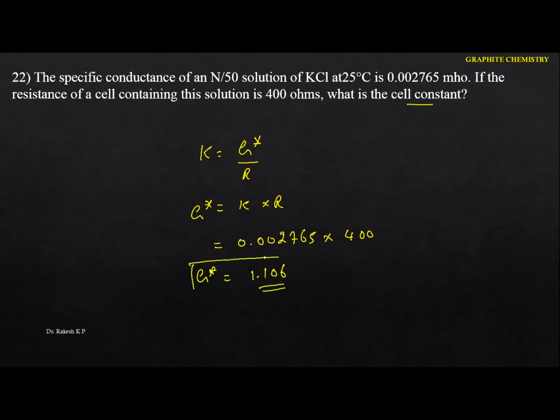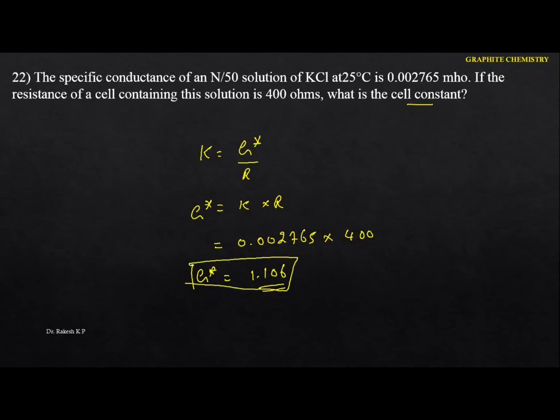You have to know the relation: the specific conductance K equals G star divided by R. But here we have to calculate the cell constant, that means G star equals K into R. The specific conductance is 0.002765, and the resistance R is 400. The value we got is 1.106, which is the cell constant.